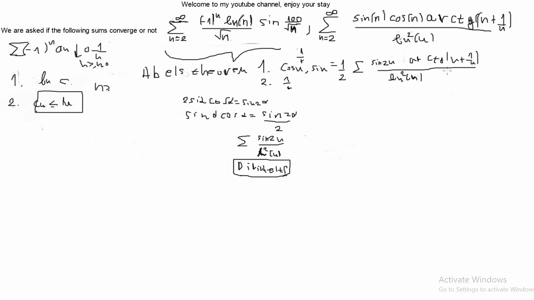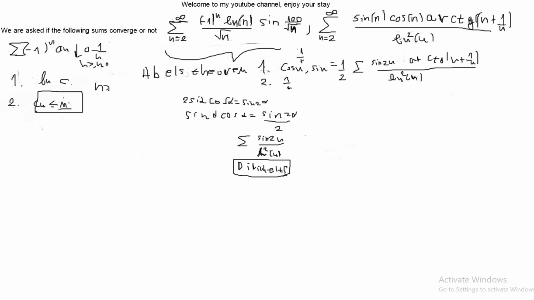And now we are left with arctangent of n plus 1 over n, or tan inverse, whatever you want to call it. So what should we do now? We will use a similar thing to what we used in the previous example. For Abel's theorem we need something to converge. This converges, and we need the other function to be bounded by some M and monotonic.